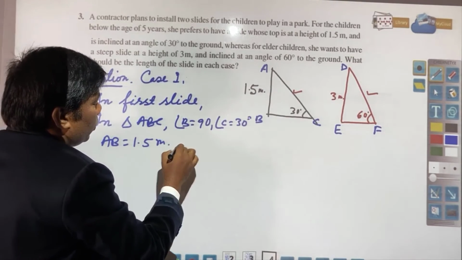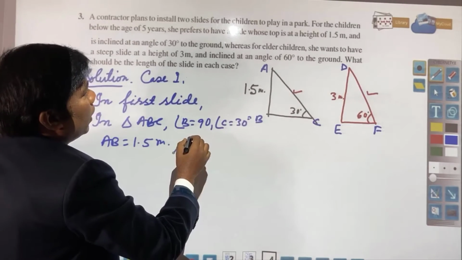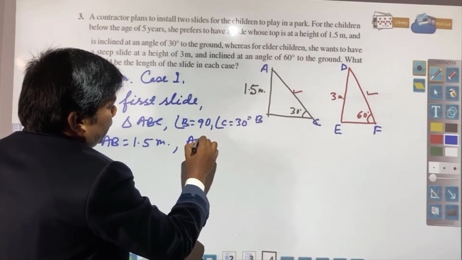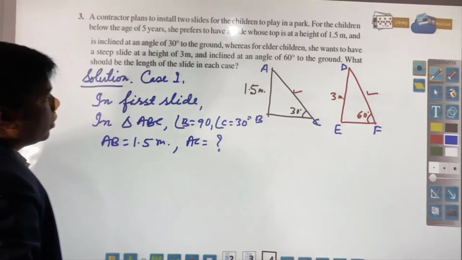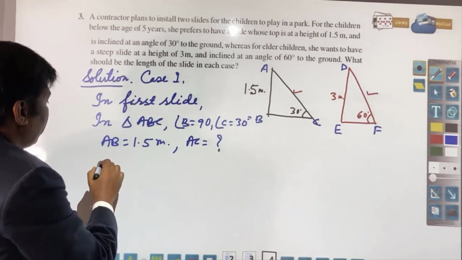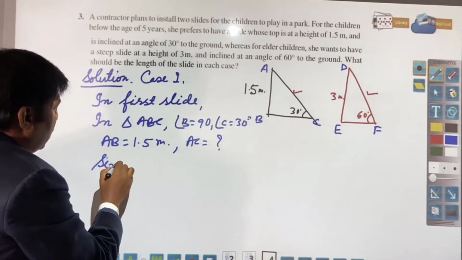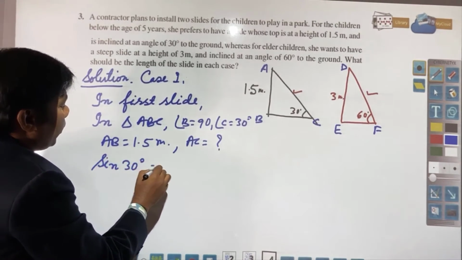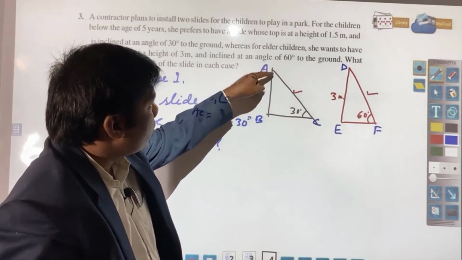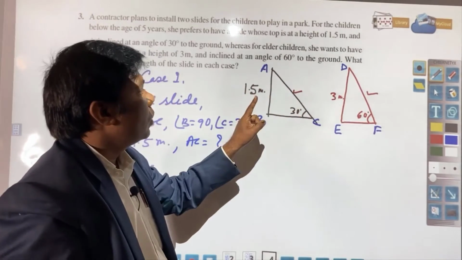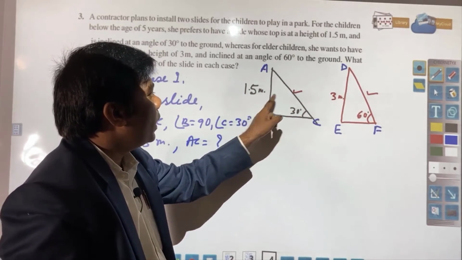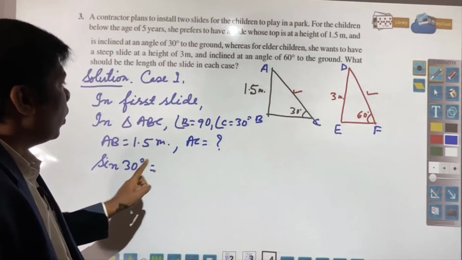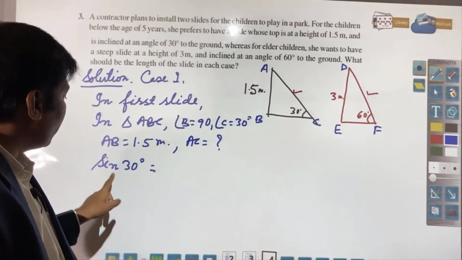You need to find out the length of the slide AC. So how will we solve? Sine 30 degree. Why have we taken sine? Because again this is P and this is H. So relation of P and H is there in sine and cosec. That's why sine we have taken.